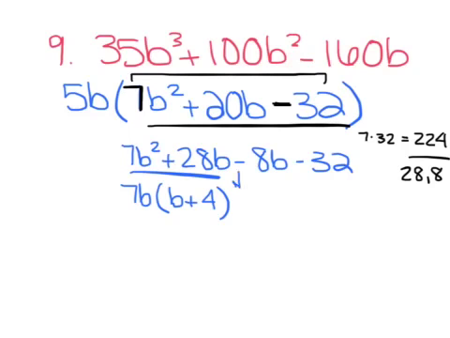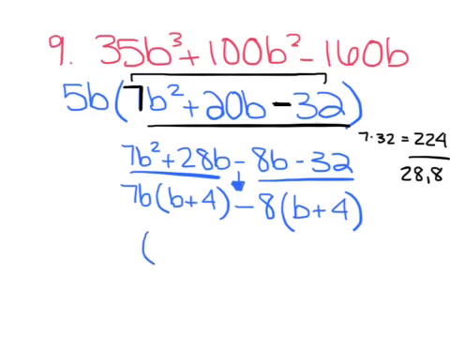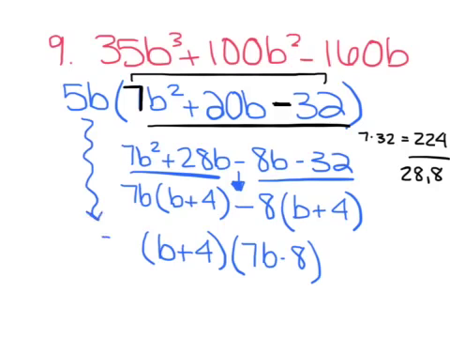Bring down the middle sign. It's a negative. GCF of the second two, 8. b plus 4. So then we have b plus 4, 7b minus 8. And from the very beginning, there's our GCF of 5b.